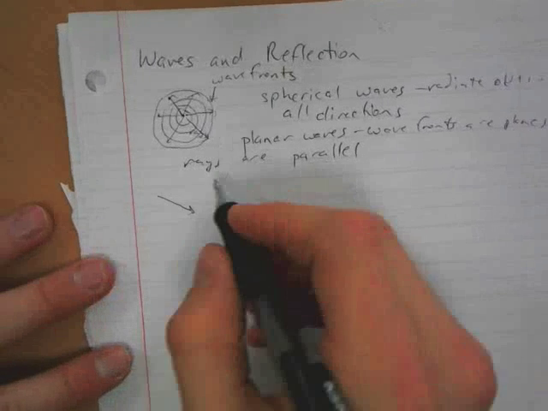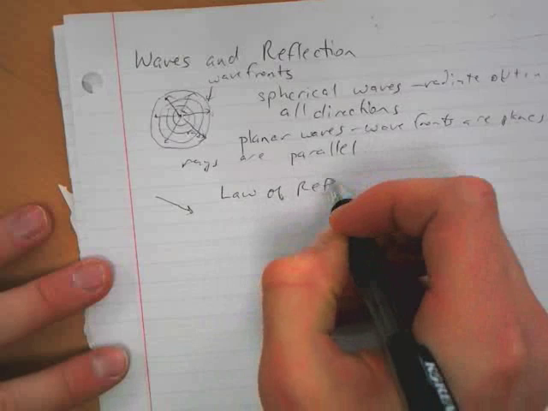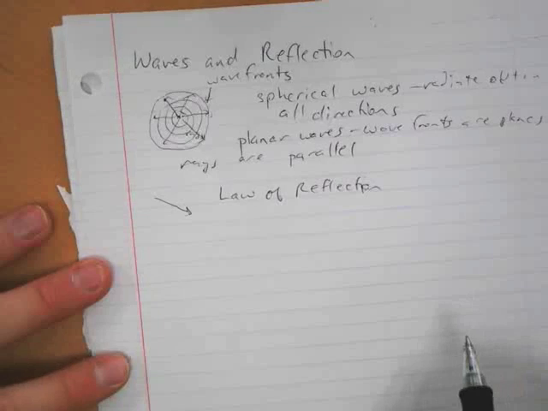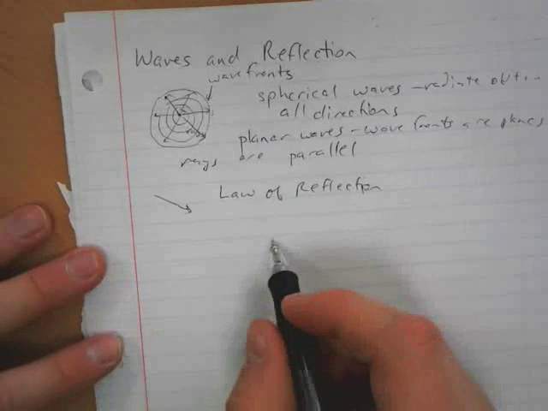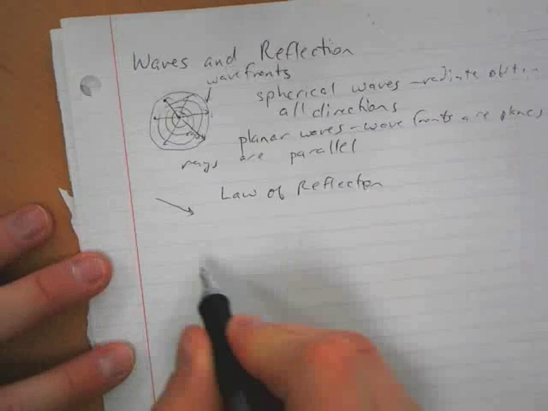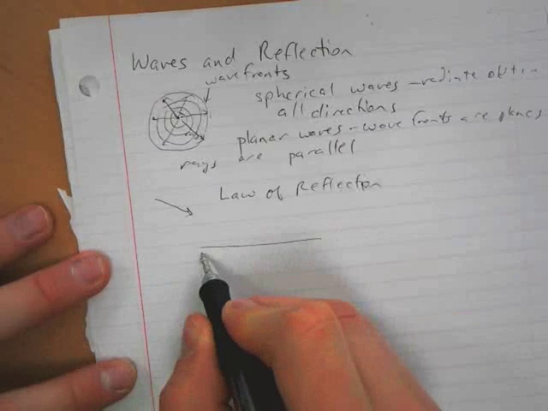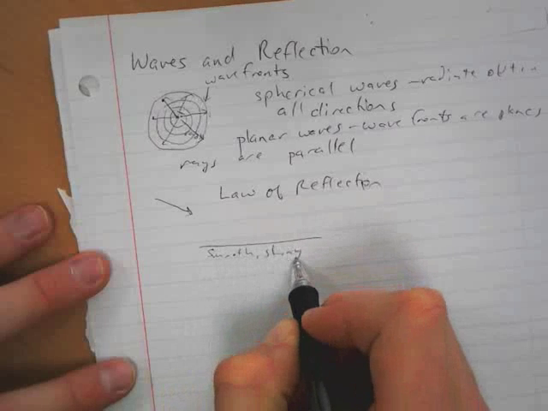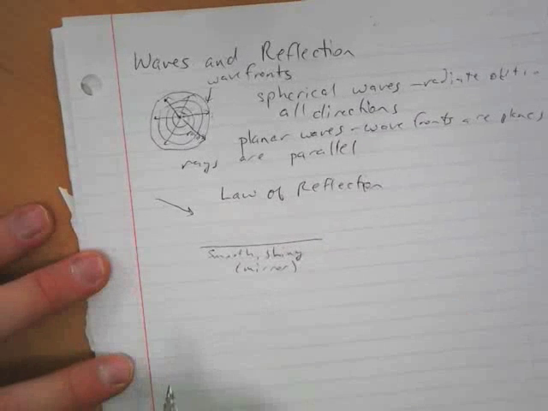There is a property called the law of reflection, and even if you haven't heard of it, you probably know what it is. I think it's easier to draw a picture of the law of reflection than it is to state it in words. Let's say this is a smooth, shiny surface, i.e. a mirror, and it's a flat surface.